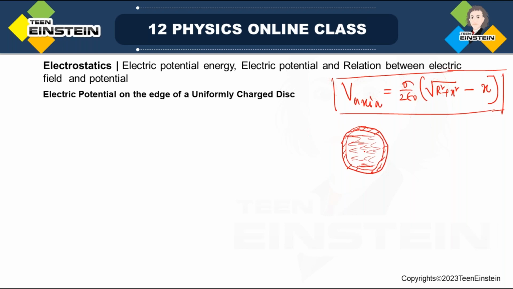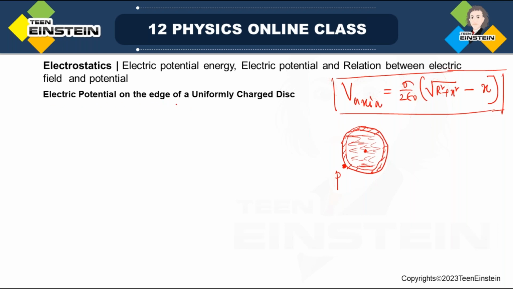So we have calculated electric potential due to this disk at any axial point. But if my point is here somewhere, just at the edge, suppose this is the point P, and this is the center of the disk, what will be the electric potential at this point? So this point is called the edge point.